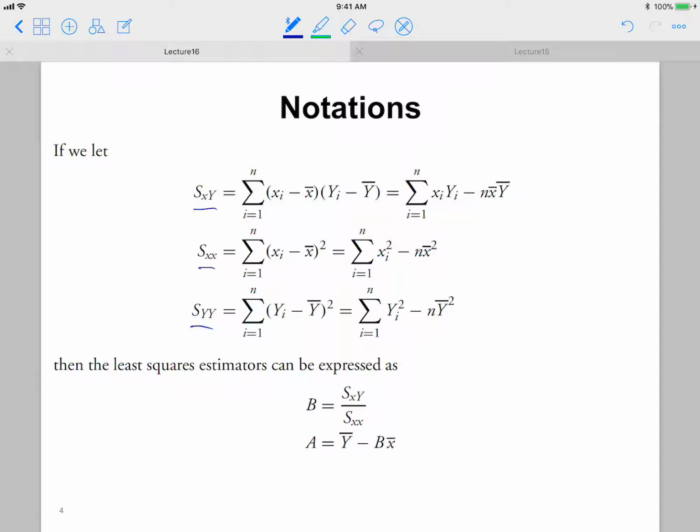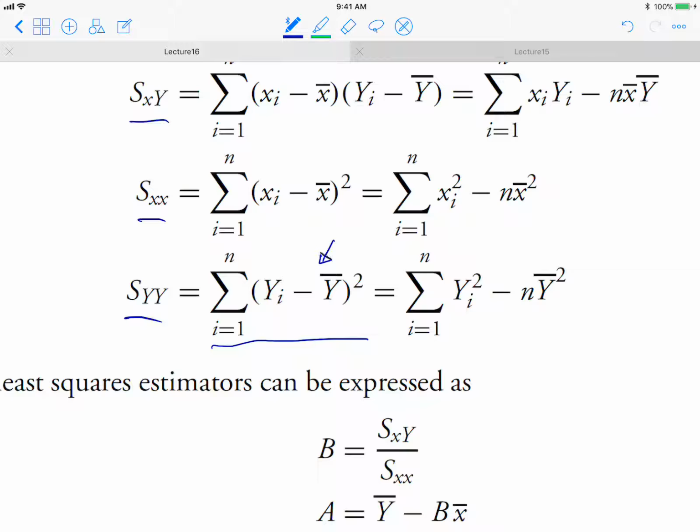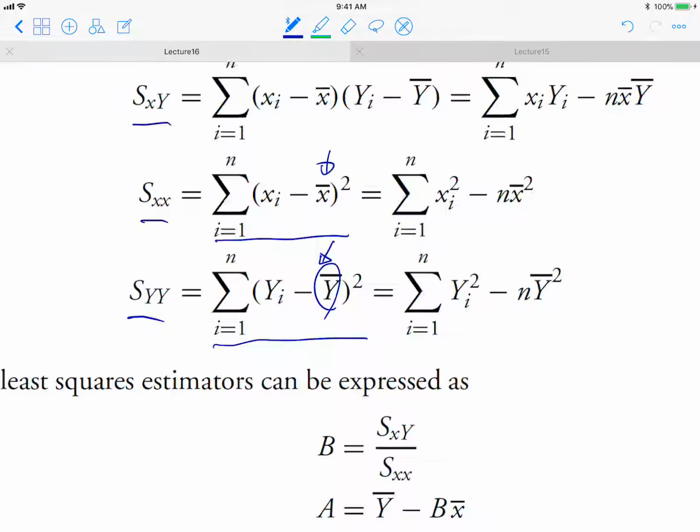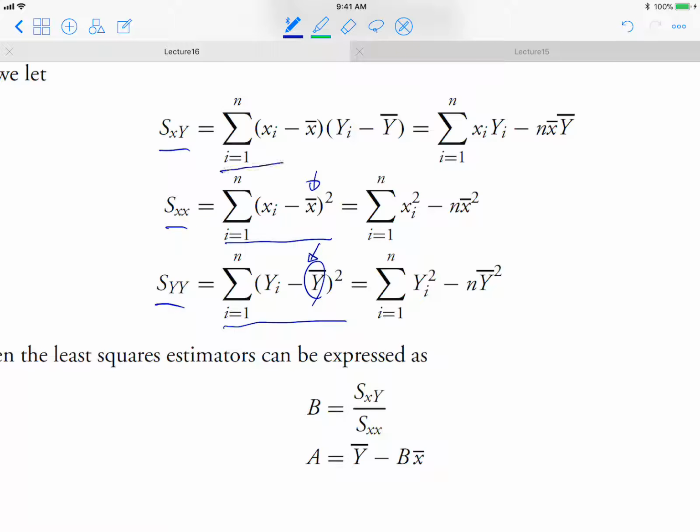So we can define the variance of y by using this sample mean, and the variance of x by using this sample mean of x, and then similarly this guy is the sample covariance between x and y, right? So far so good, right?